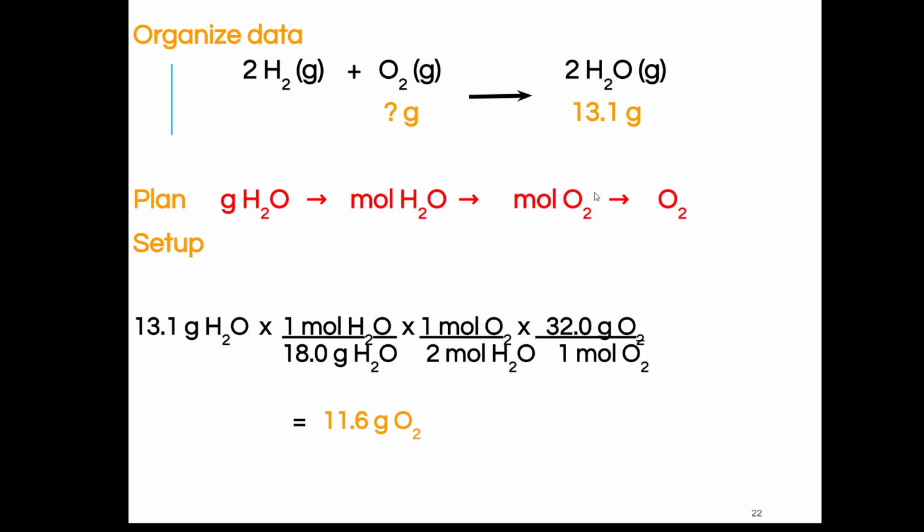And then our last step is to go from moles of O2 to grams of O2. So we're going to put grams on top, because that's what we're looking for. And then moles of O2 on the bottom. Okay, and that's the basic way for solving all of these problems that use that particular grams to grams method.